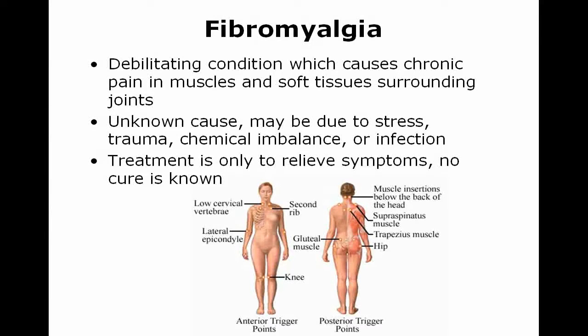So it's like they have to check to find out if the person has all these other conditions, and once they rule out those conditions, they know those are no longer a possibility, and the patient has this tenderness and pain of at least 11 of these 18 tender points, and they have the other signs and symptoms that go along with it, the conditions of not being able to sleep and anxiety, depression, again, the bowel dysfunction, then the physician may conclude that they have fibromyalgia. They don't really know about the cause. There's questions about stress causing fibromyalgia, trauma, chemical imbalance, or even infection triggering the fibromyalgia.